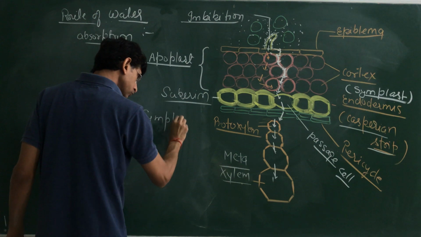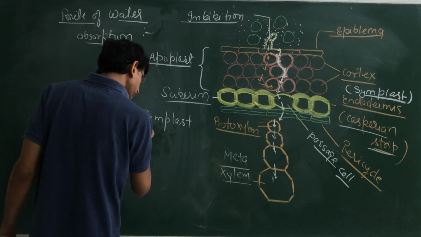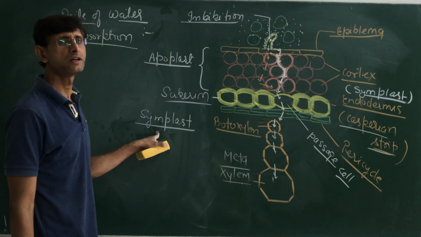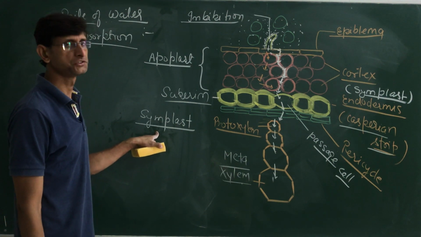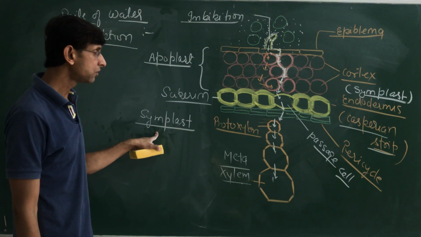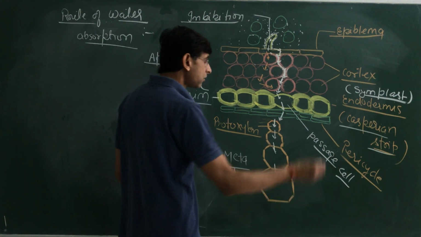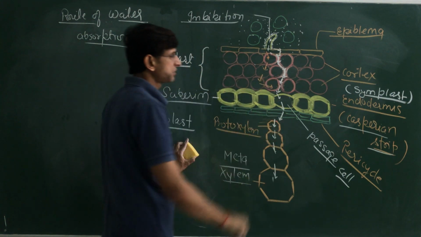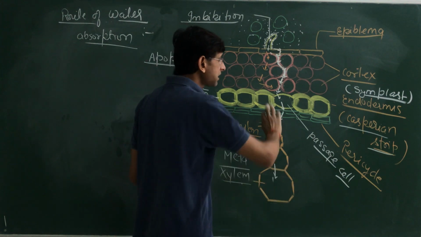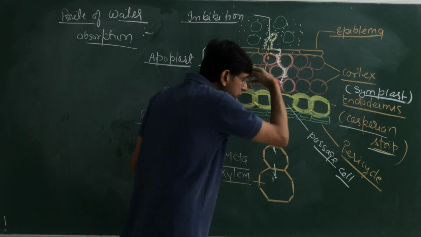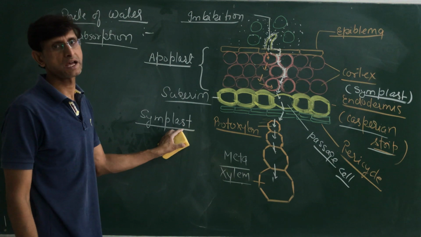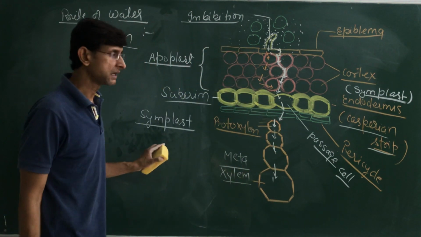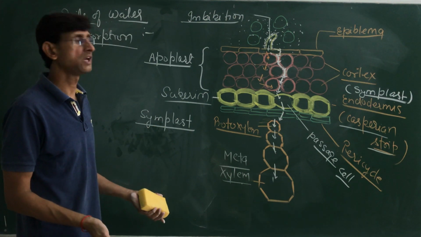When water moves from the cytoplasm of one cell to another, the movement or the pathway is known as the symplastic pathway. So in the endodermis, water enters into the passage cell cytoplasm through the plasmodesmata. So here water essentially crosses the cytoplasm, and water has essentially acquired the symplastic pathway.